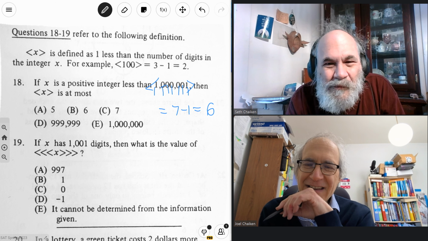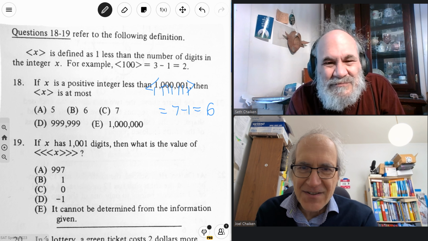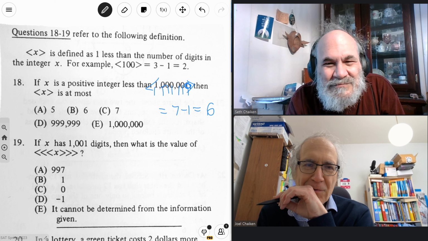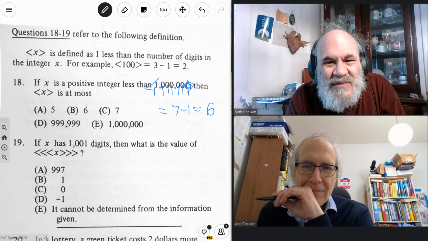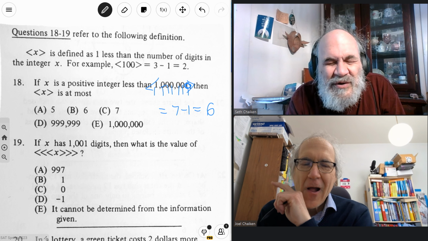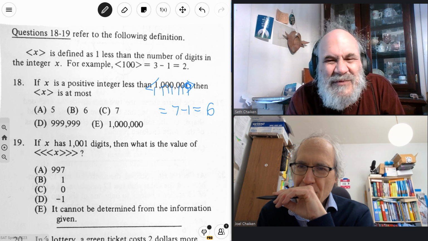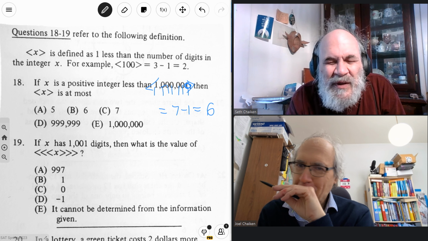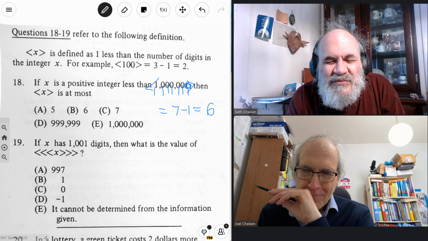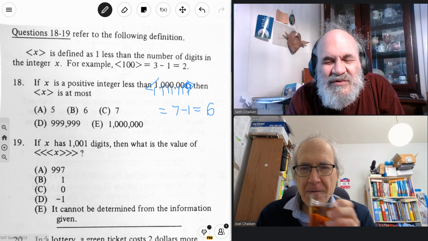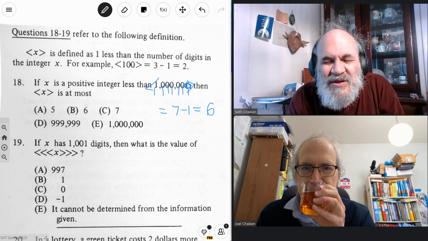Oh, it's less than. It's less than. So this has to be a 0. Right? Not equal to. That has to be a 0. That's because they're asking for the maximum value of this funny function of X. Yeah, so the bigger the number, you could increase the function by making the number bigger.